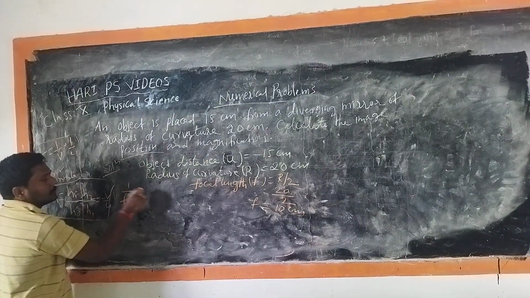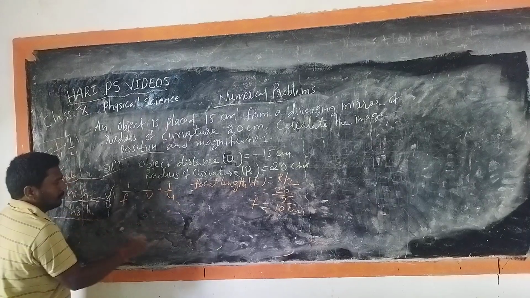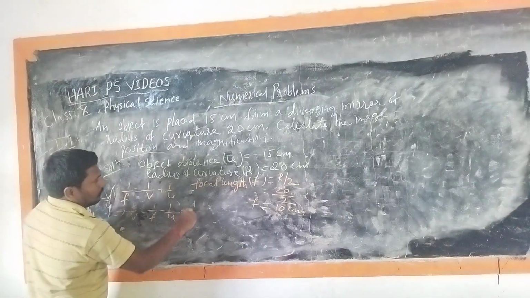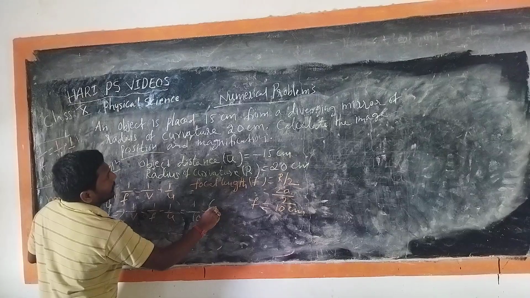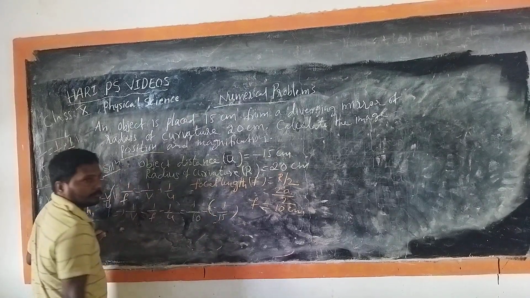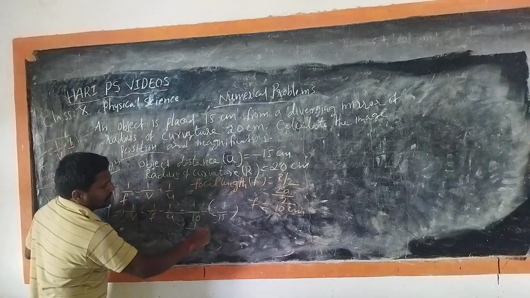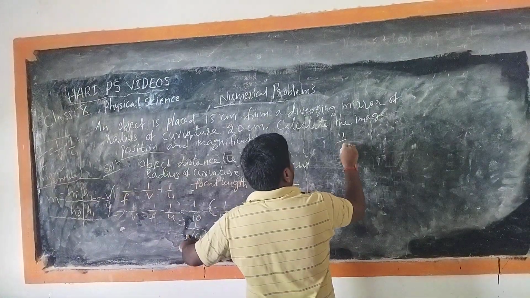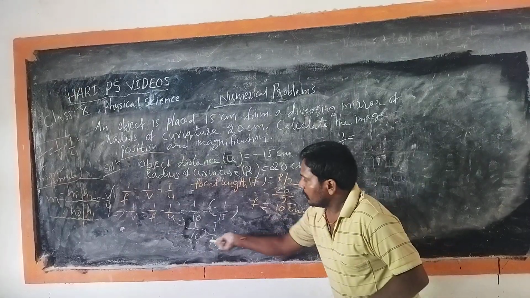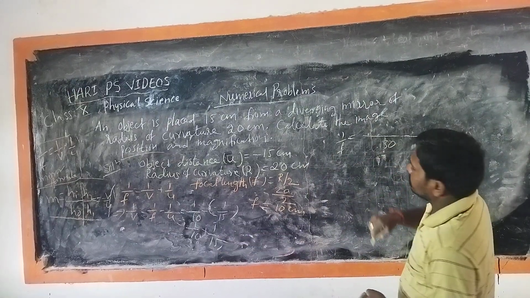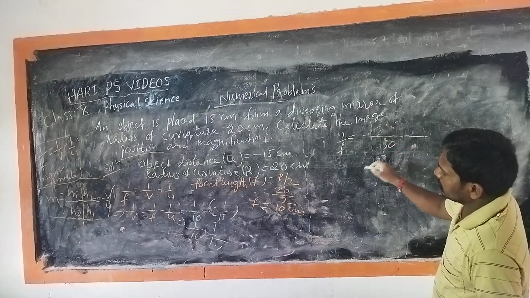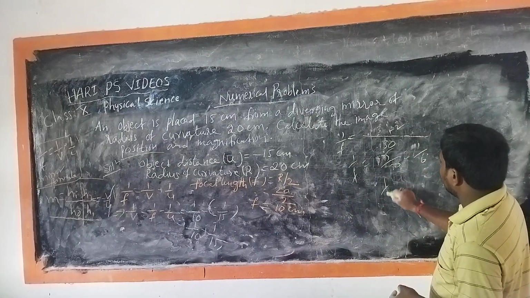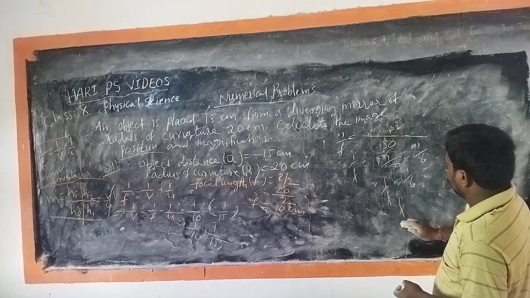So 1 by f equal to 1 by v plus 1 by u. From this, 1 by v equal to 1 by f minus 1 by u, that is equal to 1 by 10 minus of minus 1 by 15. This becomes plus: 1 by 10 plus 1 by 15. The common denominator is 30, so 3 by 30 plus 2 by 30 gives 5 by 30, that is equal to 1 by 6.